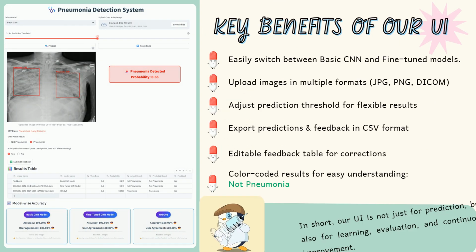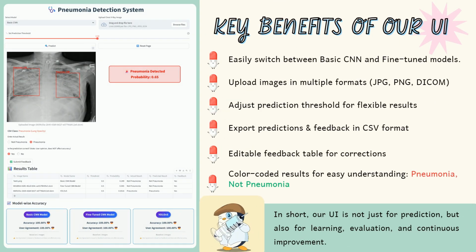So, why did we design the system this way? Here are the key benefits. You can easily switch between 6 different AI models to compare results. It supports multiple image formats, including medical-grade DICOM files. You get flexible control with adjustable threshold settings.